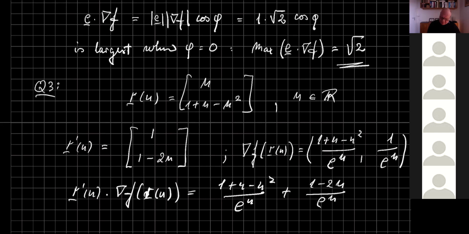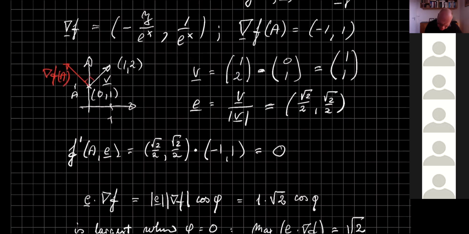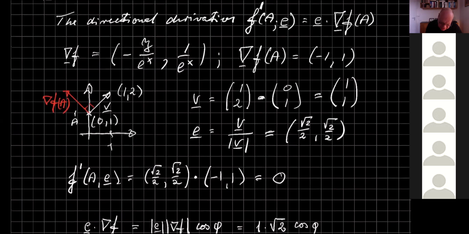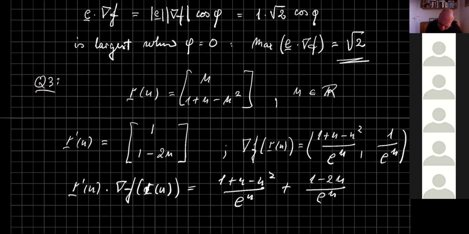I made a mistake here, because when you have the gradient of the function, it is minus y divided by e to the x. So there should be a minus sign in front of this, and this means you have a minus sign here.